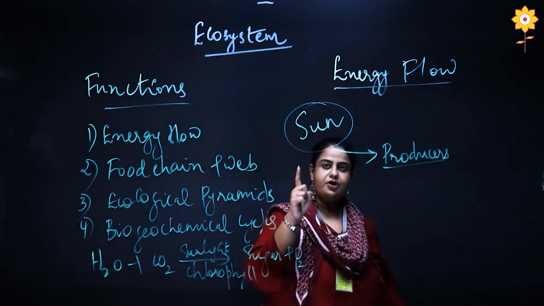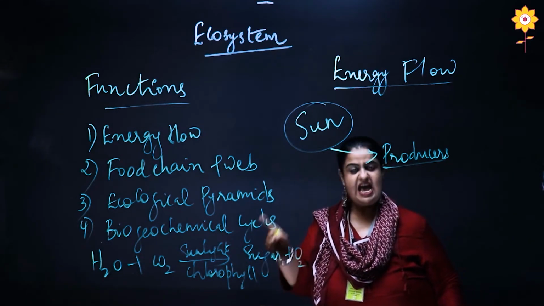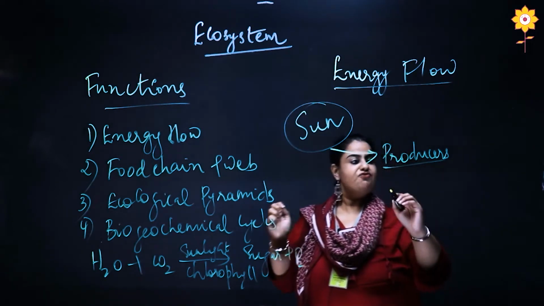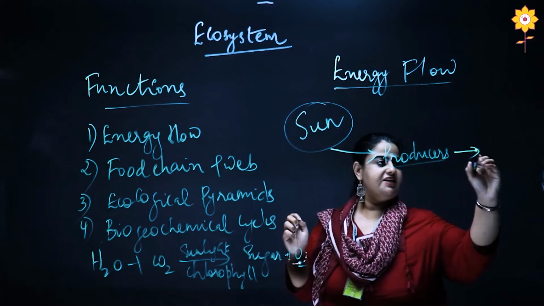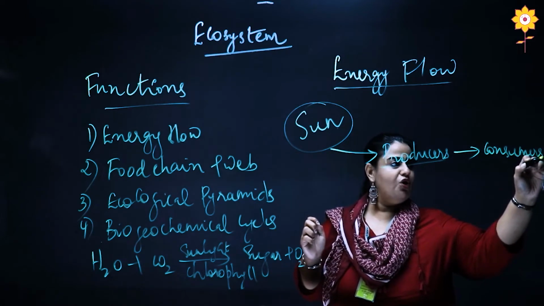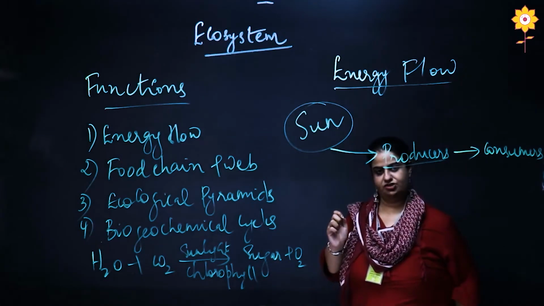Now, when the producers trap sunlight, they use it for photosynthesis and some of their major life activities. From the producers, the energy is transferred to the consumers because the food produced by the producers is eaten by the consumers.